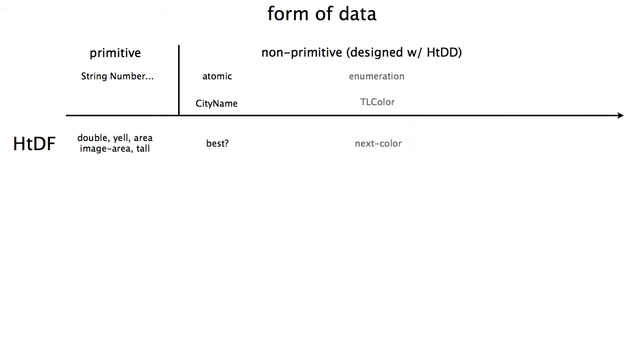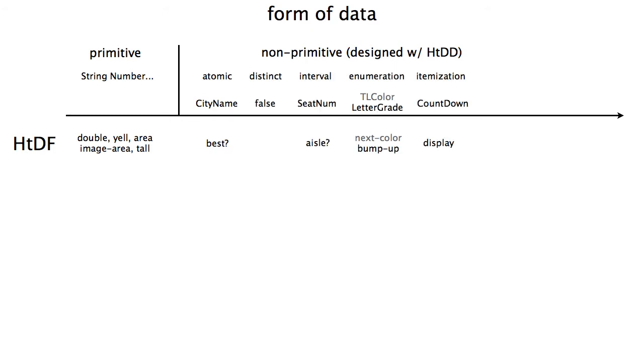Now what's going to happen the rest of this week is we're going to learn about some other forms of data, including intervals, enumerations, itemizations, and a special form called distinct. And we'll see examples of those types. And you'll be able to design functions that operate on them.